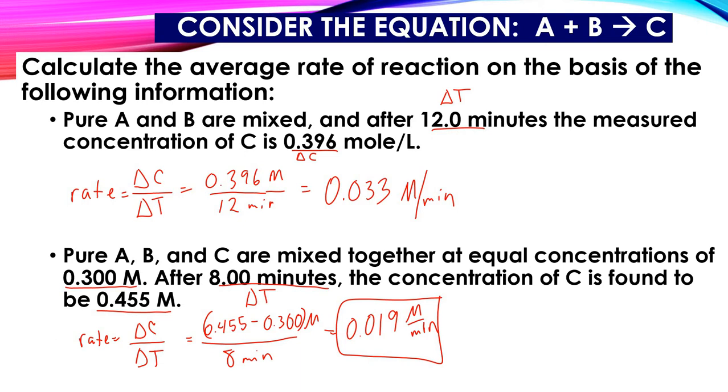Now be careful, because if this had gone to 0.1 molar, it's decreasing in concentration, so the rate will be negative. Instead of being 0.455, which it increased, if it had gone down and become 0.1 or 0.2, anything below the 0.3, then my rate would have been negative.